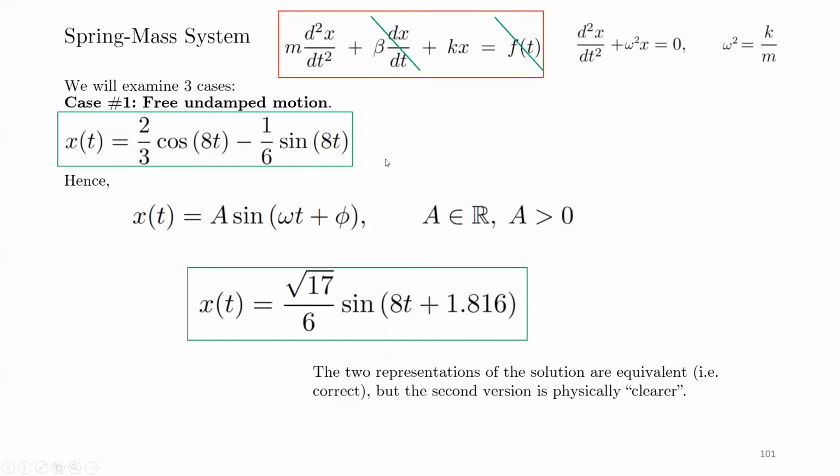The first one up here is what we got from solving the ODE directly. The second one is what we got from calculating the amplitude and the phase angle. They're both correct, but the second version is physically clearer because it involves the amplitude of the motion, so it directly relates to the motion of the spring. The phase angle also tells you whereabouts in the cycle you are starting.